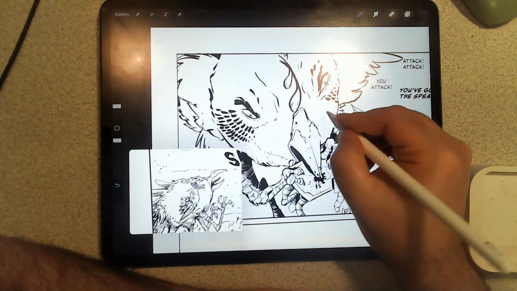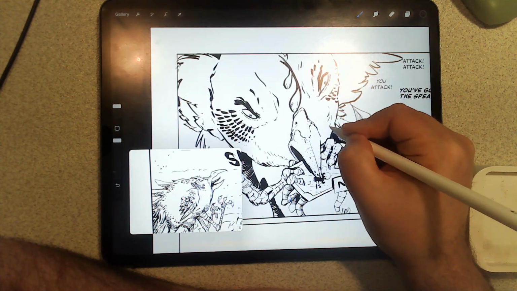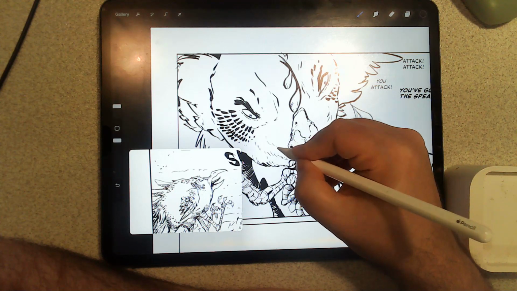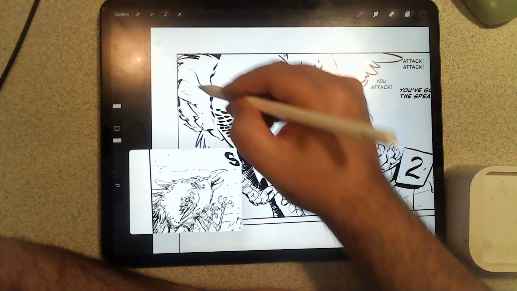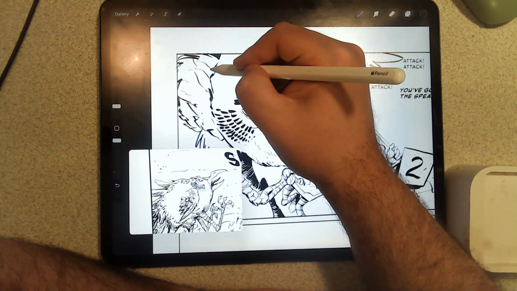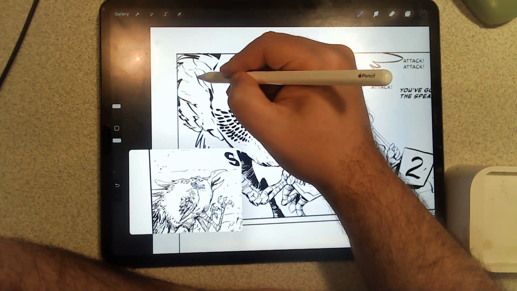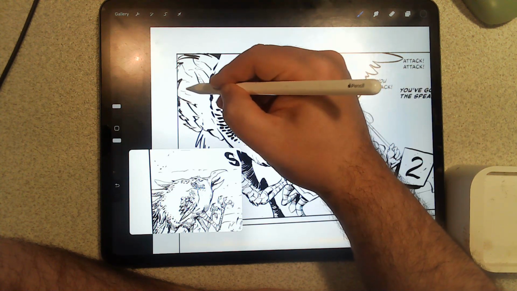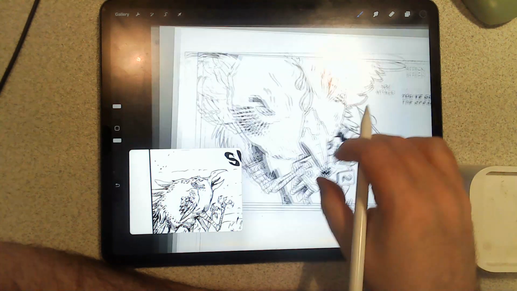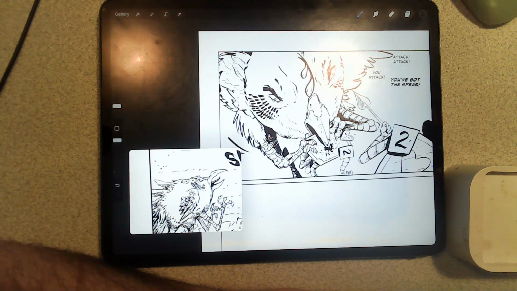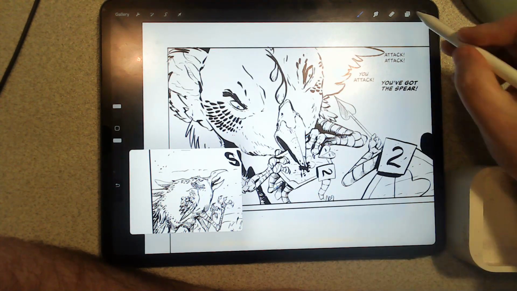Now, if we put in the feathery texture, these big white areas, these big negative space areas, I think we'll have a pretty good effect.